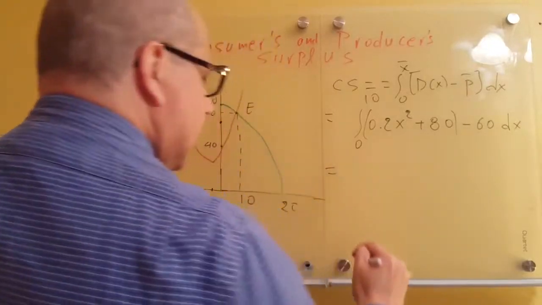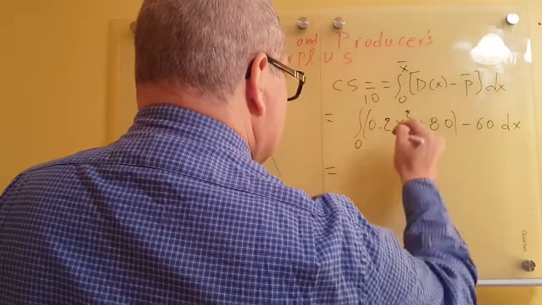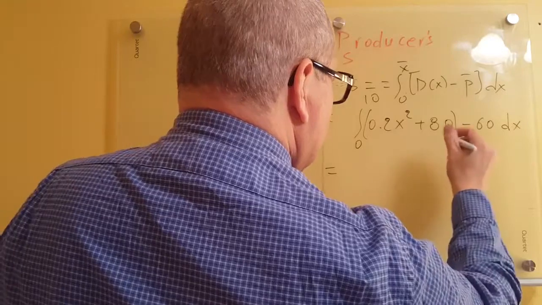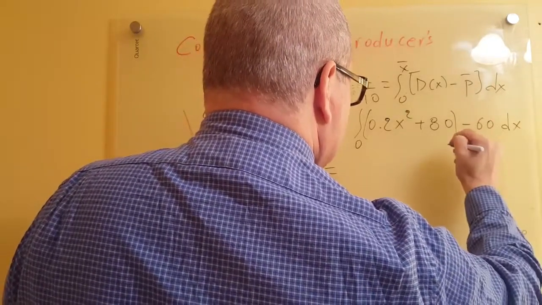So anyway, this is nothing difficult. So the integral of these, 80 minus 60 is 20.